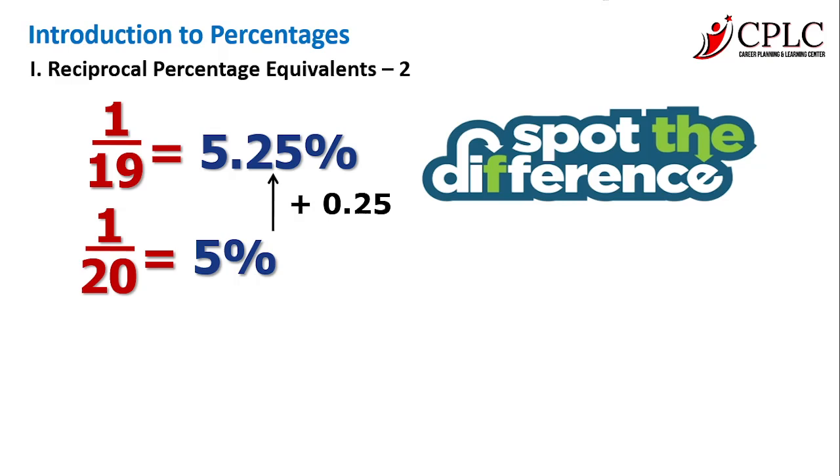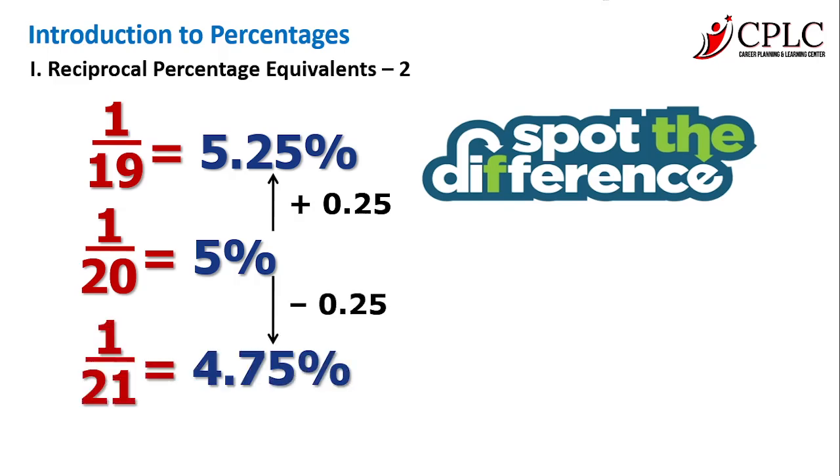And for 1 by 21, the denominator is more than 20, so obviously the value becomes lower. So 1 by 21 becomes 4.75, because we reduce 0.25. And again, why 0.25 only? Because 5 squared is 25. So this is the way you can remember this entire group of three numbers.